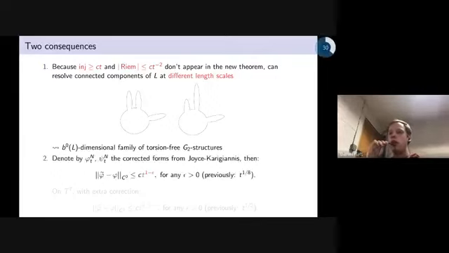Another mildly pleasant consequence is that Joyce-Karigiannis wrote down these corrected forms for us, and if you throw these corrected forms into the new theorem, then you get a nicer estimate. The difference, measured in the C0 norm, between phi tilde and phi, the torsion-free guy and the approximately torsion-free guy, is of order t to the 1 minus epsilon.